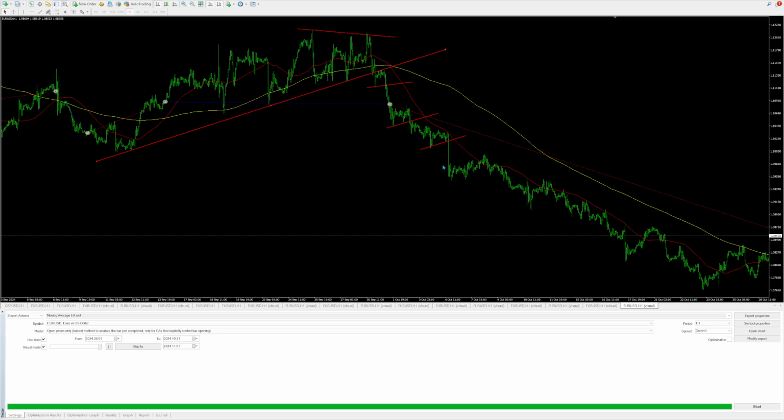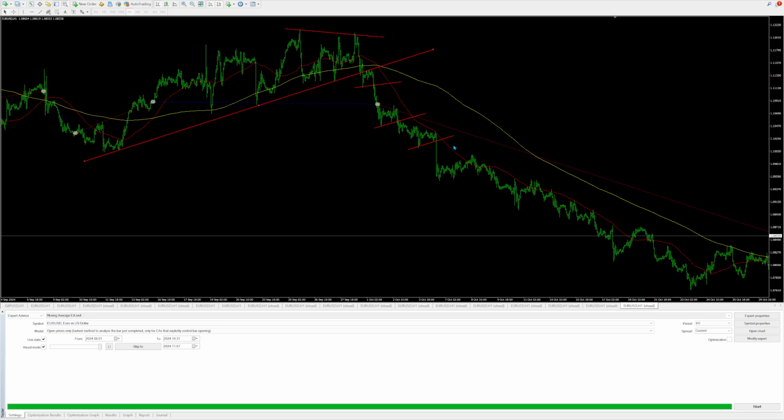Nice breakout there. That's an NFP, first Friday of the month, non-farms payroll candle there, hence the big move downwards. No problem. We could have got in on this trend with that momentum anyway. Then again, we have a pullback here. Nice support level, support becomes resistance, and so on and so forth.